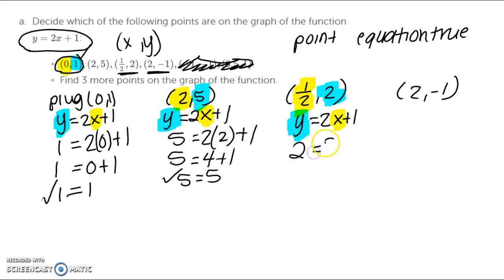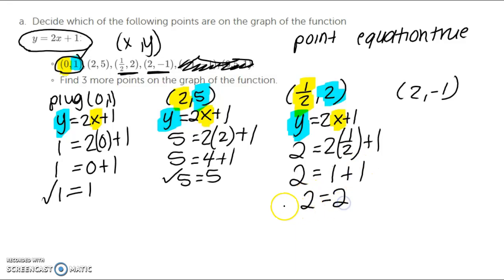So 2 equals 2 times 1/2 plus 1. Oops, sorry, not y. Let me go ahead and erase that. Should be a 2 there. Silly me. So 2 equals 2 times 1/2 is 1. And 1 plus 1 is 2, so 2 equals 2.